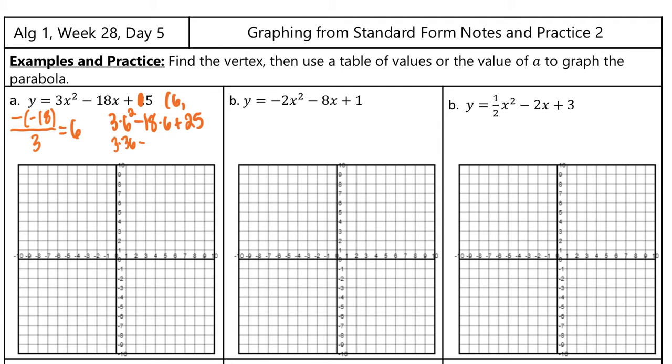So get rid of the 2, and it's just 5. Good old 5. Although even that might not be super helpful. And then whenever I plug it in all together, I get 5. So, interesting. So 6 and 5, that's where the vertex is.